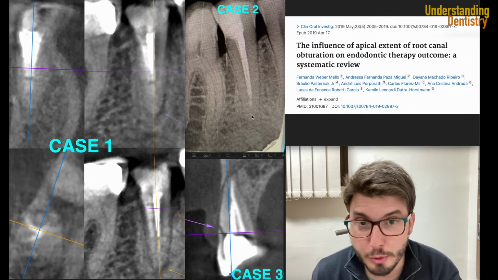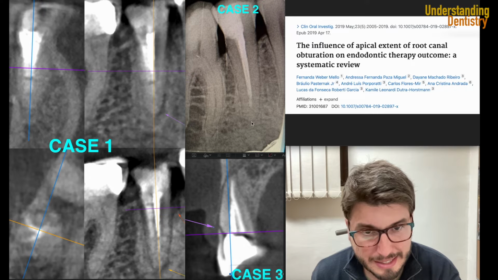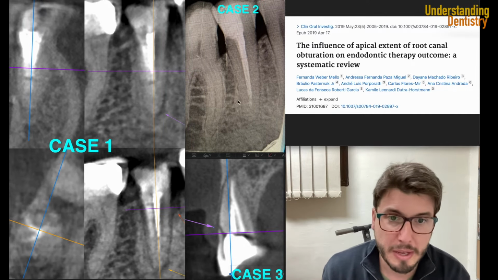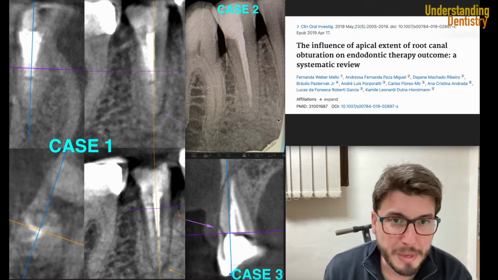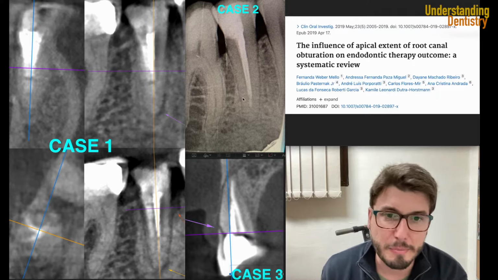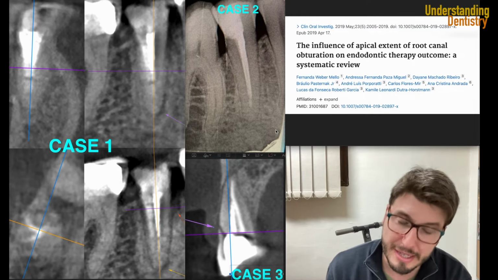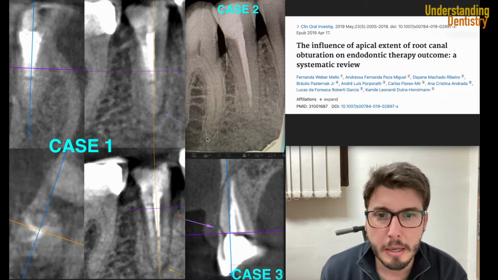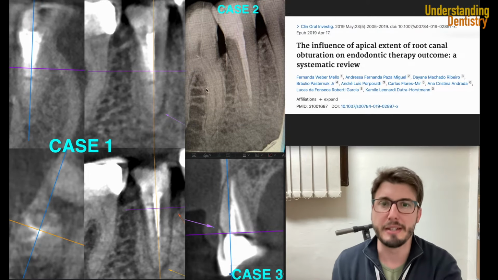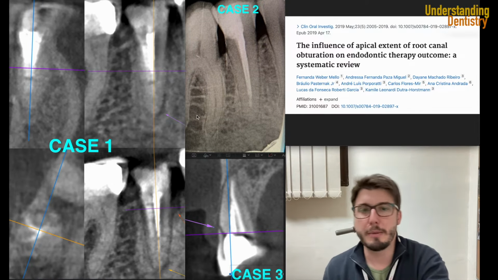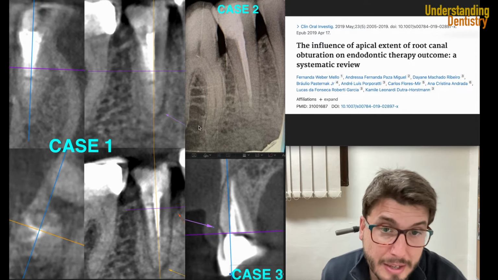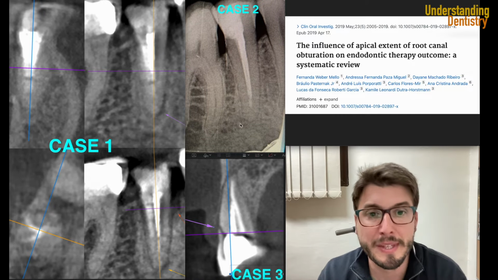Case number two, take a look at this. The root canal treatment is completely underextended, but nothing is happening here. It's a little bit more radiopaque, but that's just the difference at the beginning of the symphysis of the mandible, which is a little bit more anterior, while here the posterior trabecular bone has this pattern, with increased trabecular spaces, but that's just an anatomical variation.